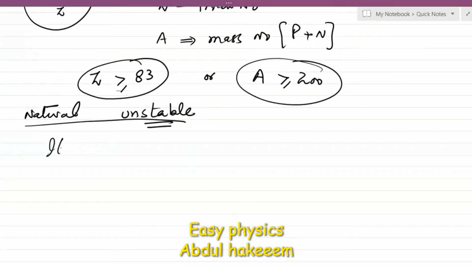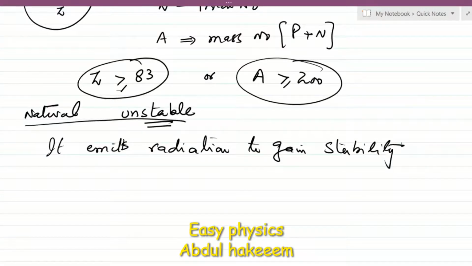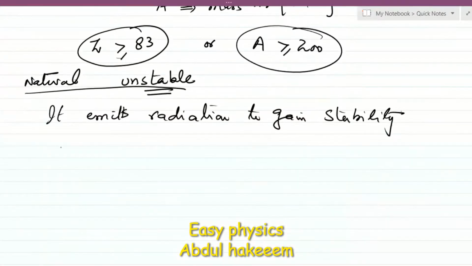It emits radiations to gain stability. So the emission of the radiation from any unstable nucleus, this is called radioactivity.